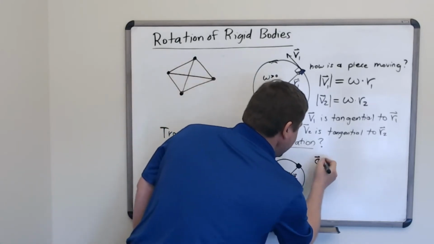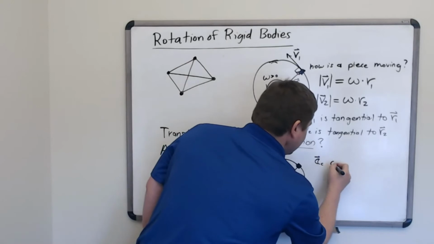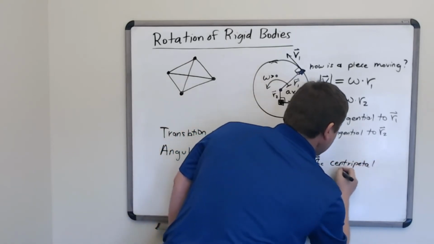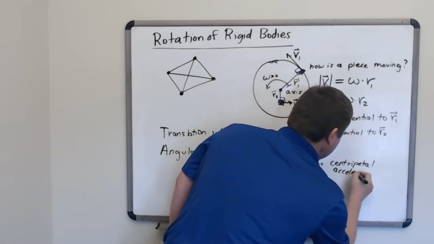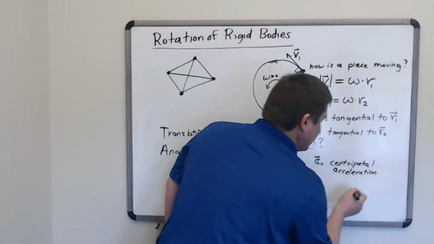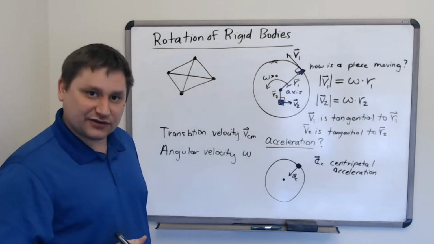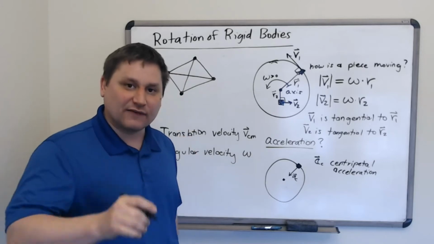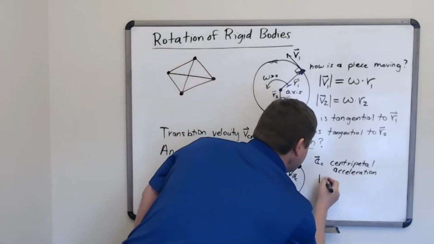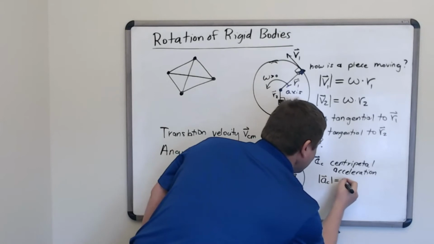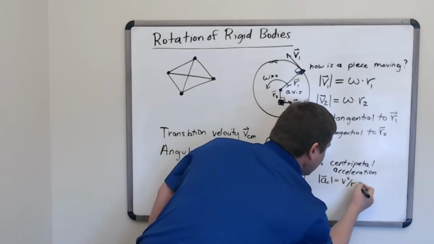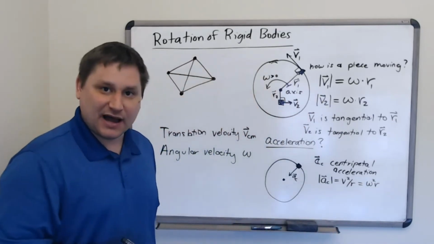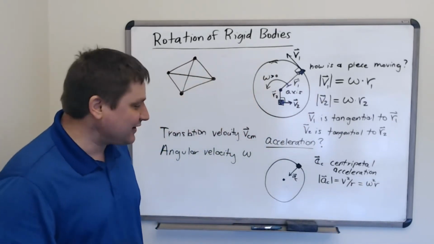So we used A sub c to represent what we call the centripetal acceleration. And the centripetal acceleration only depended on how quickly the object was moving around in that circle. So the magnitude of AC was v squared over r. We could equivalently calculate this by the angular velocity squared times r.